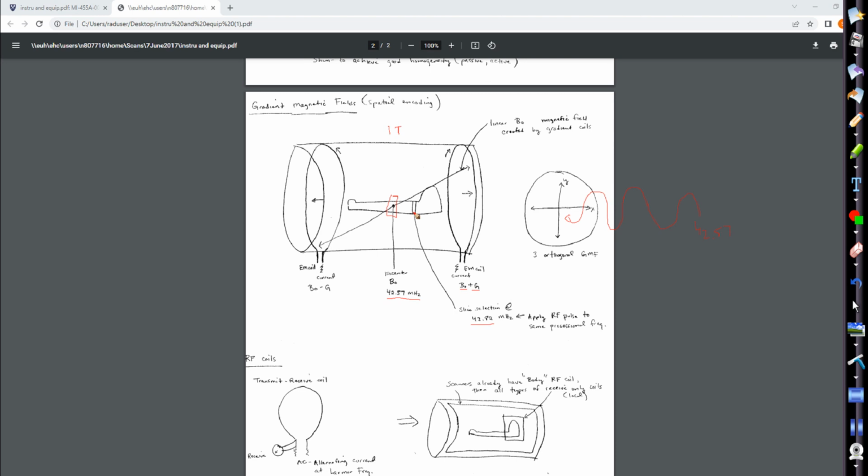And remember, due to resonance, whatever's not within that frequency range doesn't get excited. That's how we excite slice by slice, because we just change our transmit bandwidth slightly as we go down slice by slice.